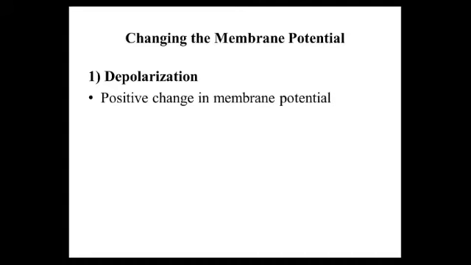All right, so let's talk about that depolarization. So when I say a positive change in the membrane potential, I don't mean just less negative. I mean we're going to go all the way from minus 70 to a plus 30. So when we depolarize, we really depolarize.